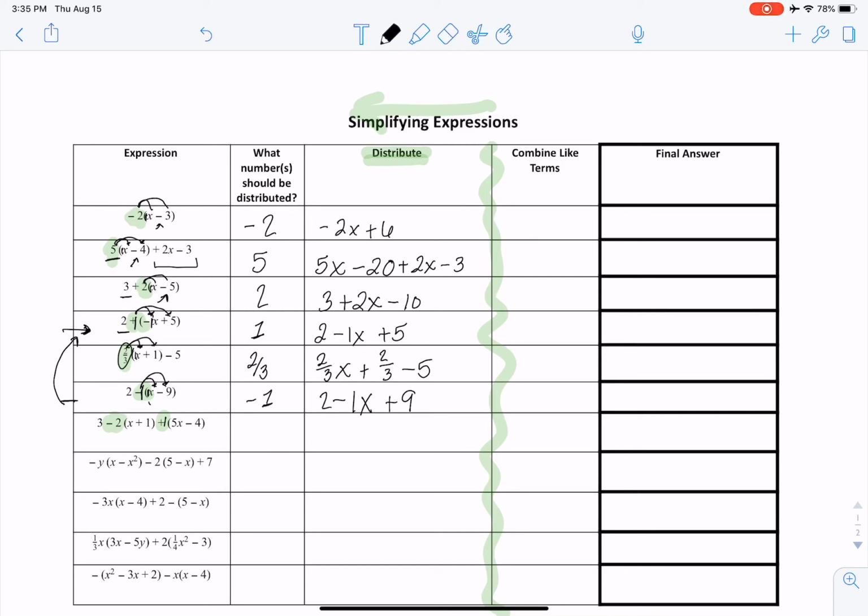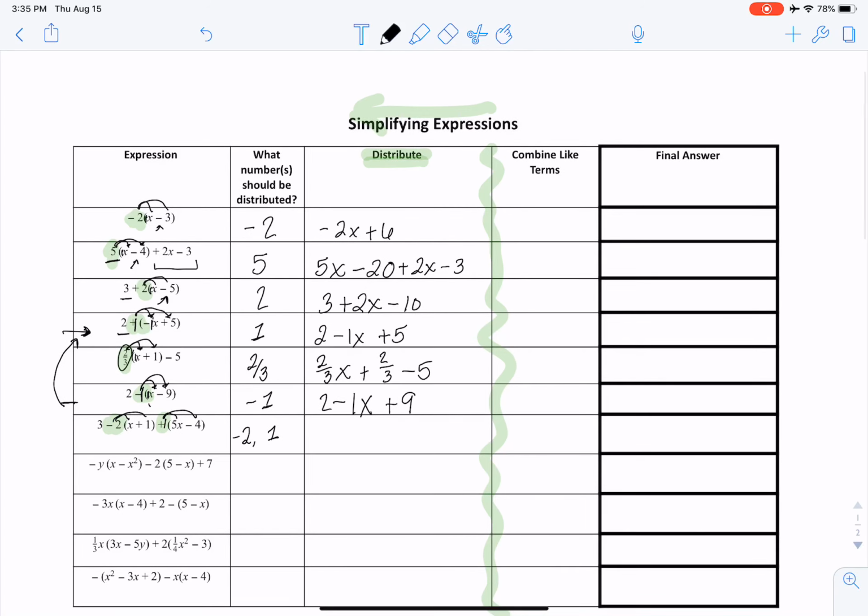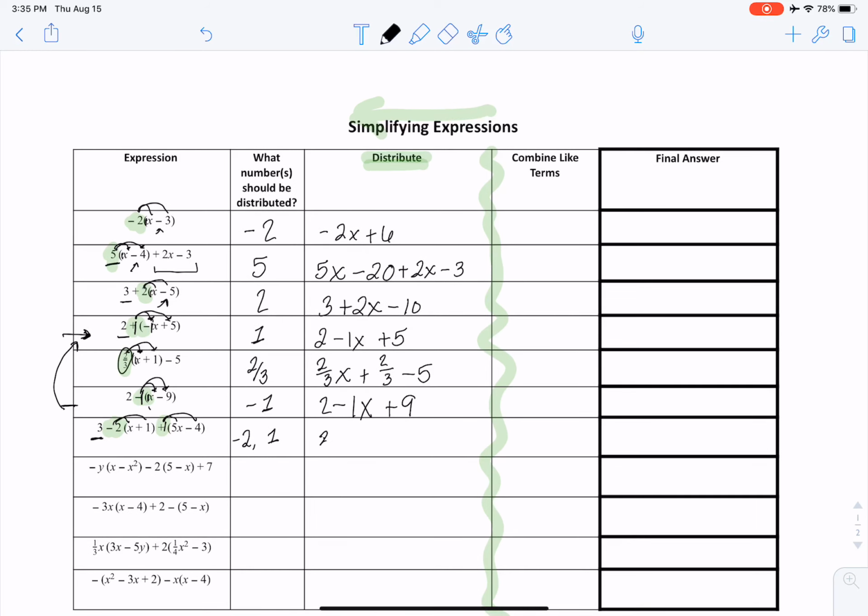So we're distributing 2 things. We're going to distribute the -2 to the x and the 1. We're going to distribute the positive 1 to the 5x and the -4. So we're distributing a -2 to the first set of parentheses. We're distributing a positive 1 to the second set of parentheses. The 3 is not involved with our parentheses at all, so it just carries on over.